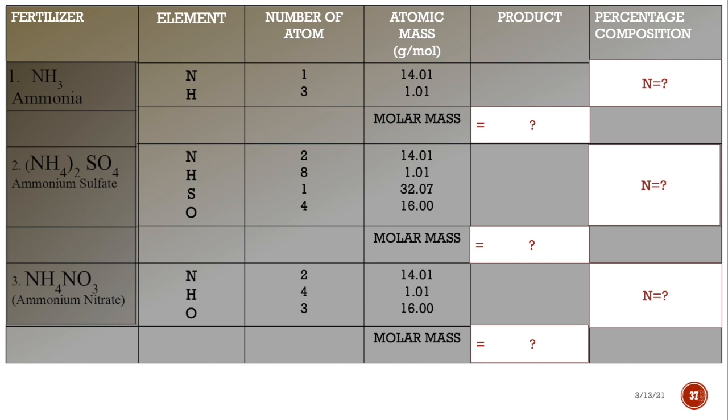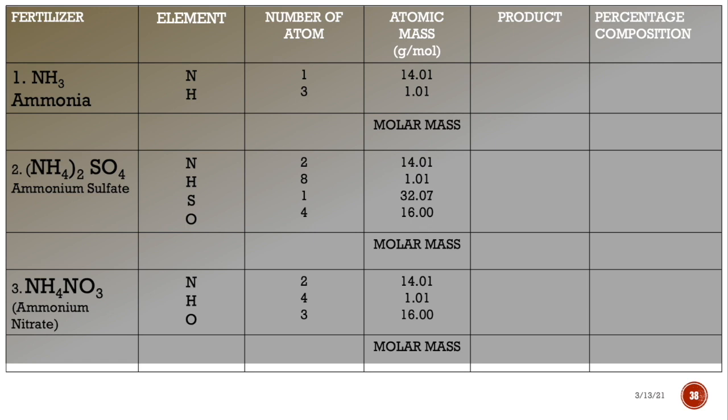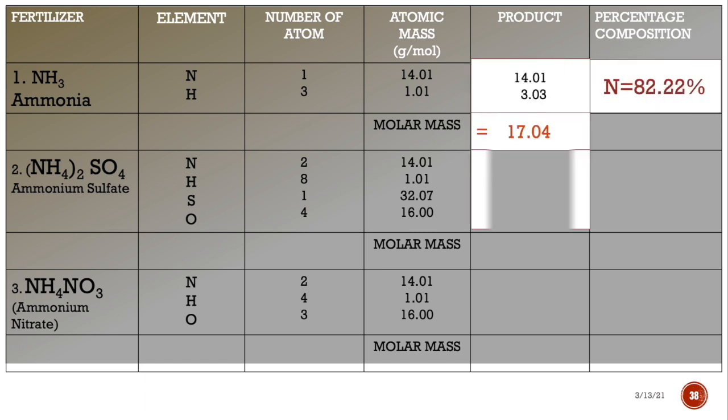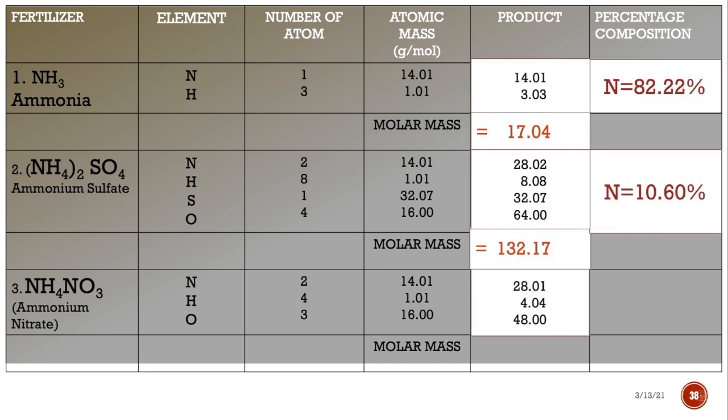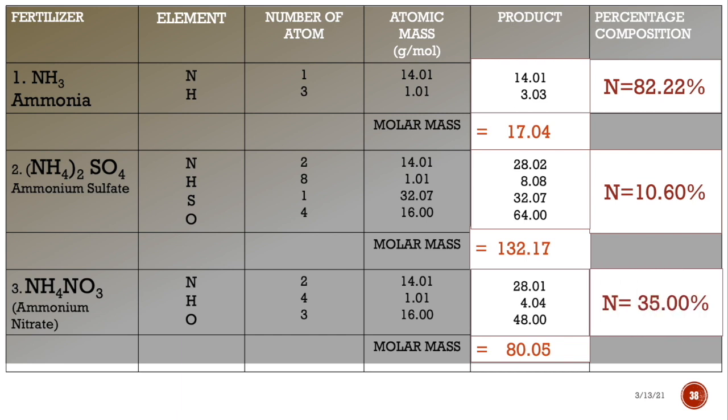So, which of the different fertilizers will you recommend to the farmers in Maligaya, Nueva Ecija? The correct answer should be ammonia. From the computed values, ammonia has the highest nitrogen content.